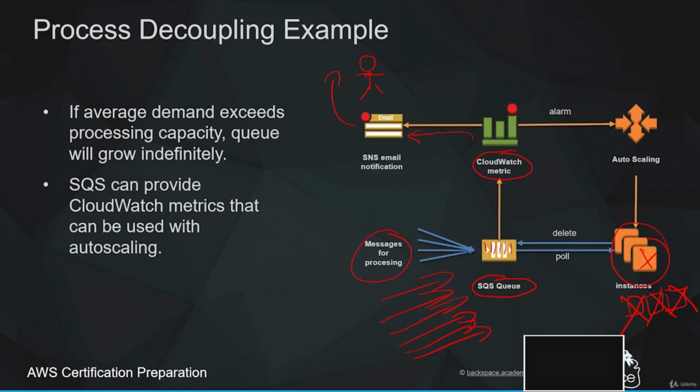And the way we can do that is with, again, a CloudWatch metric that will alert the auto-scaling group that the SQS queue is too big and to put on more instances to reduce the size of the queue. And at the same time, when the queue is empty, CloudWatch can send a metric to the auto-scaling group to reduce the number of instances and terminate those so that we're not wasting those resources.